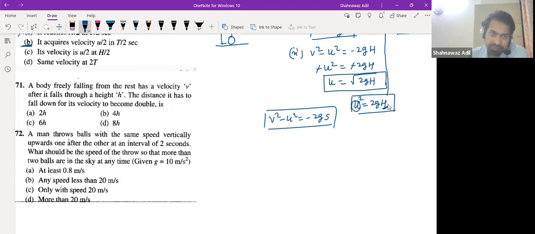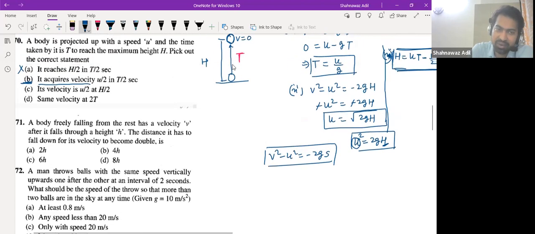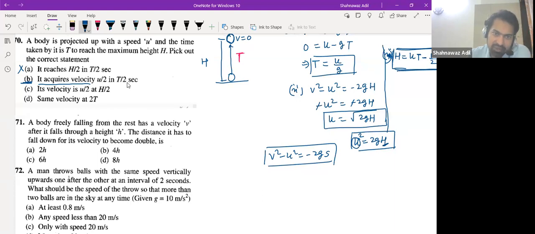So in the second option, it is saying that it acquires velocity u by 2 in t by 2 seconds, right? In t by 2 seconds, what would be this velocity?